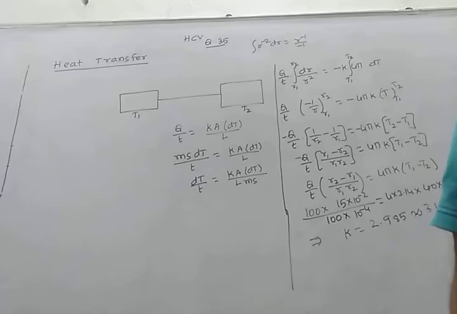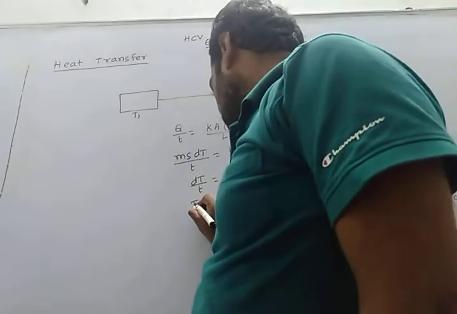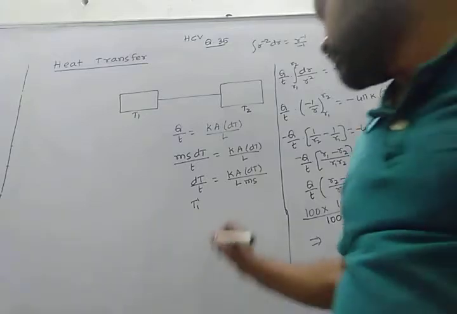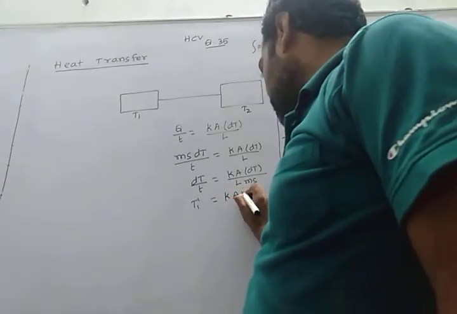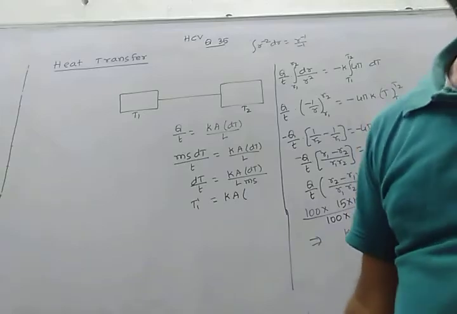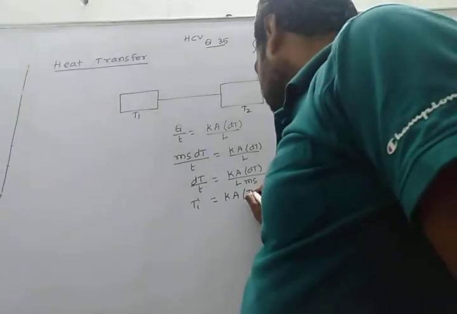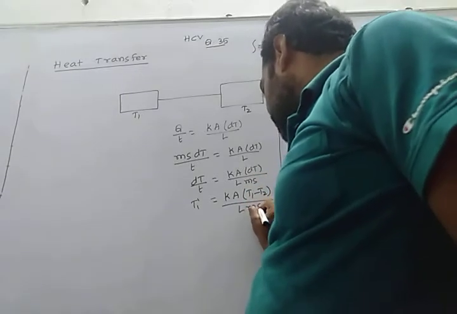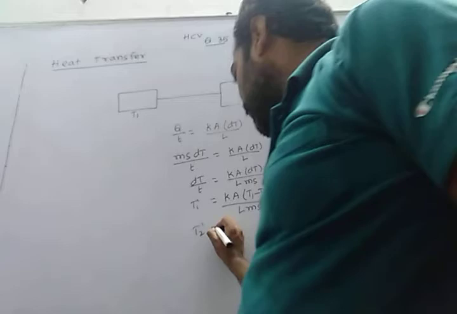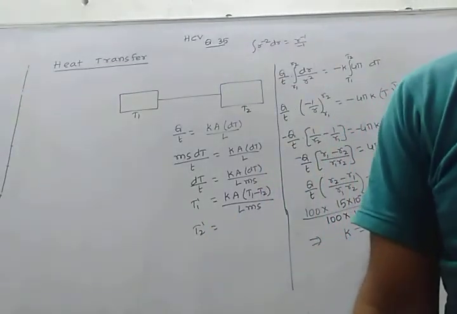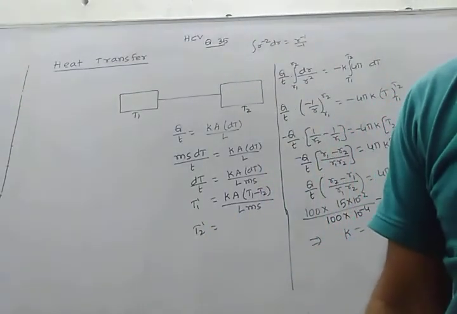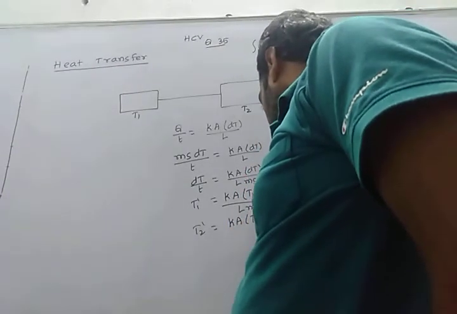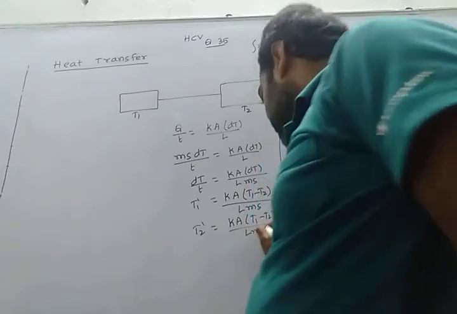Let us consider the final temperature of T1 as T1 dash. This I can write as Ka times T1 minus T2 divided by Lms. Similarly, the final temperature of T2, I can write as Ka times T1 minus T2 by L into ms.